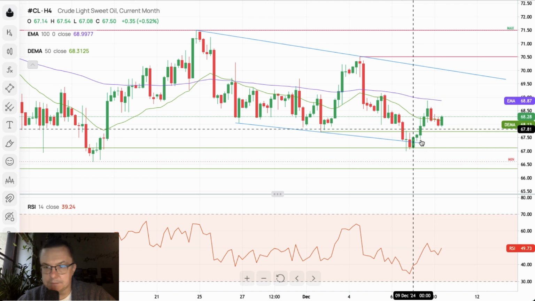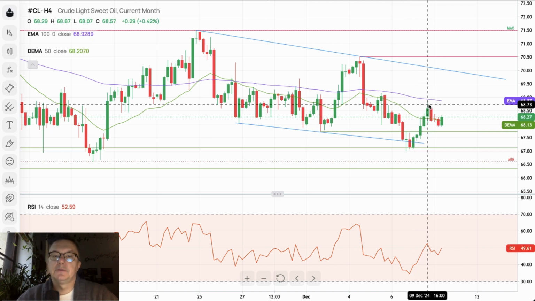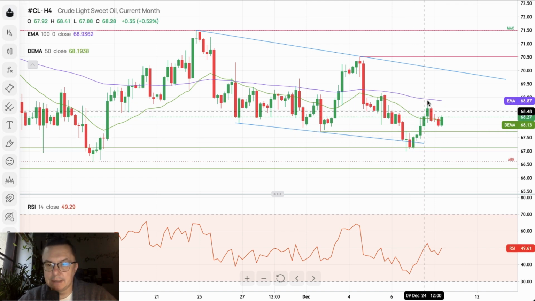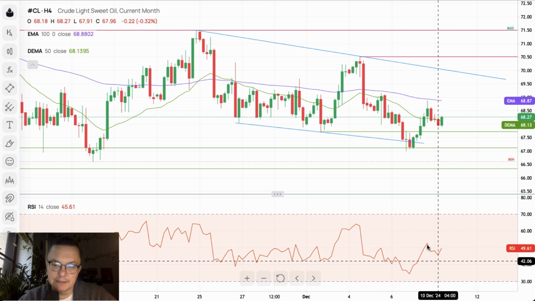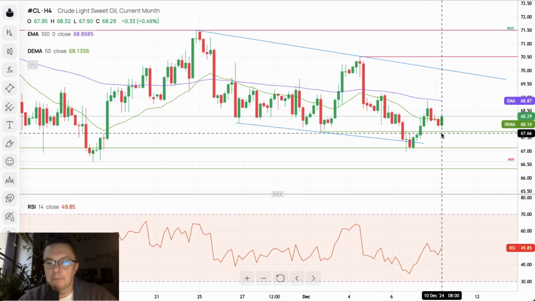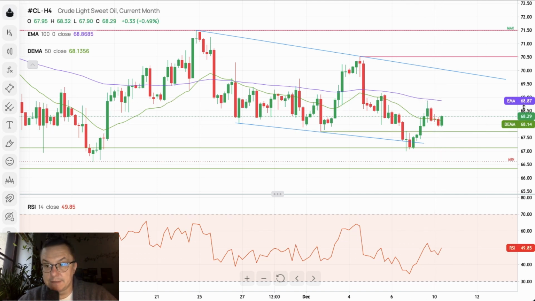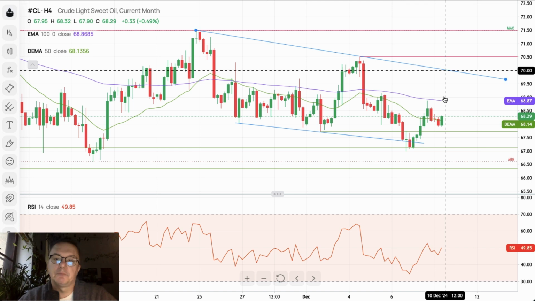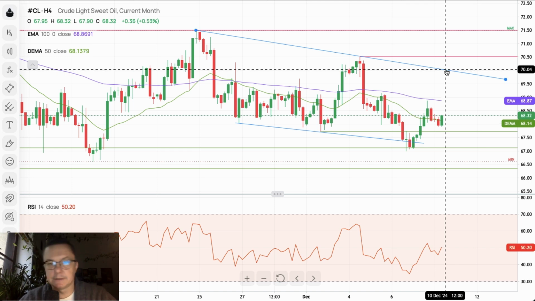So right now, with this kind of retracement, we cannot say definitely that the bulls are back in town, because we are still hovering around the level of 50. But definitely a breakout above 68.87 would open the road back towards this blue trend line here, and maybe even above the level of $70 per barrel.